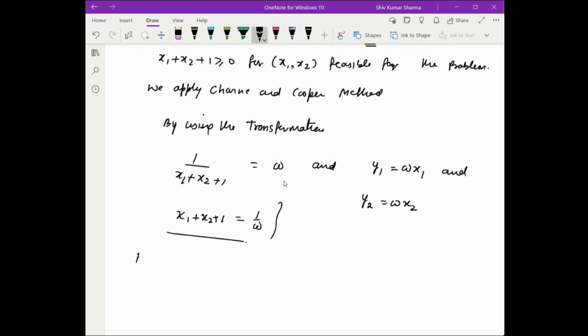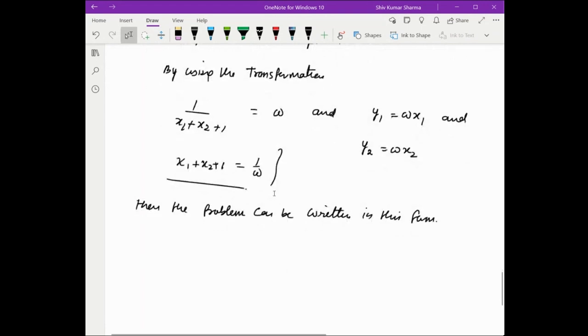So the problem can be written in this form. When we replace all things, we write maximum of z.